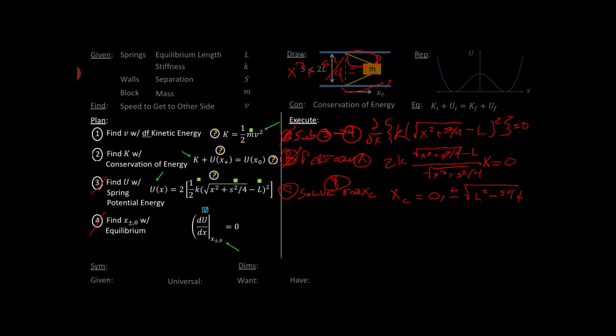Okay, so now that we've done that, we want to find these two guys here. So we're going to substitute back into 3 to find u of 0, or x0.